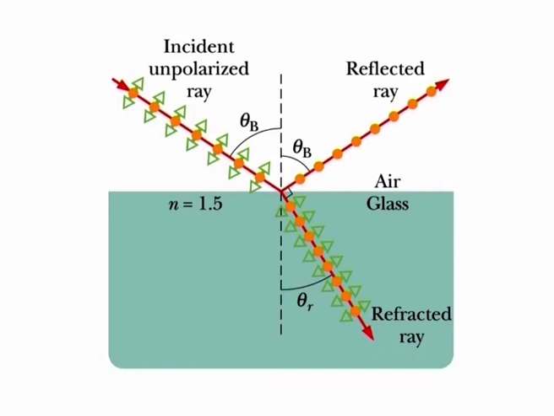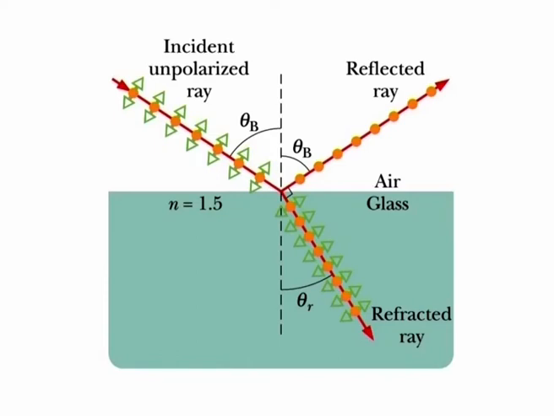However, when the light is incident at a particular incident angle called the Brewster angle theta b, the reflected light has only perpendicular components. The reflected light is then fully polarized perpendicular to the plane of incidence. The parallel components of the incident light do not disappear but refract into the glass.